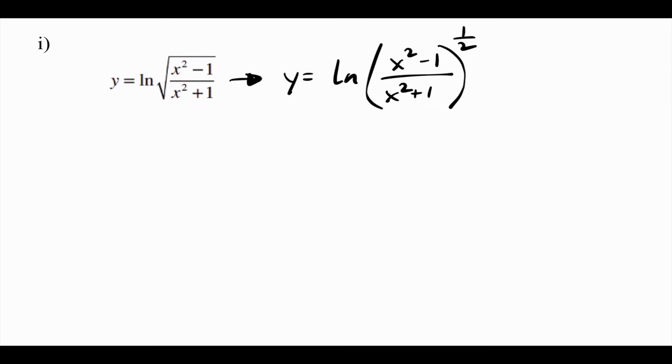Same steps, right? The derivative of natural log says take the derivative of the stuff over the stuff. So this is the stuff that I'm finding the natural log of. So I need to find the derivative of it on top. On bottom, it's just going to stay the same.